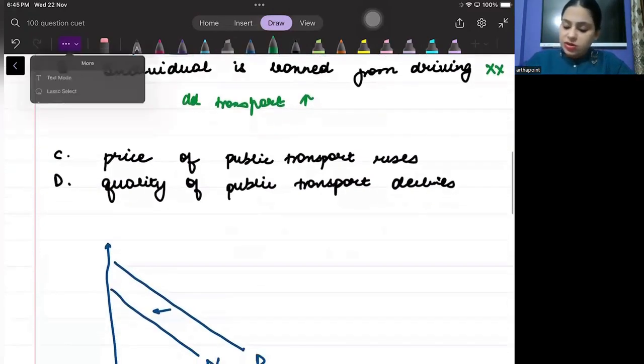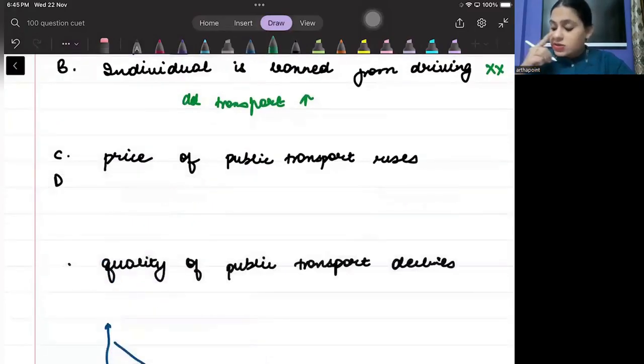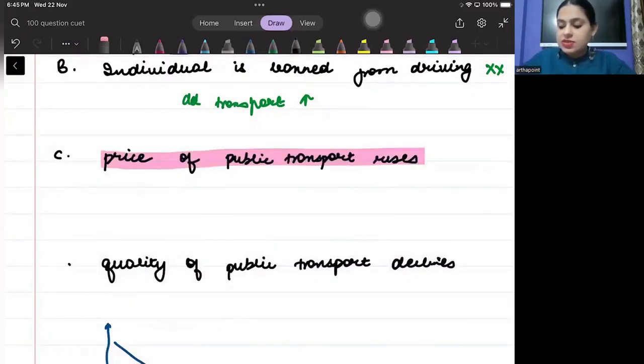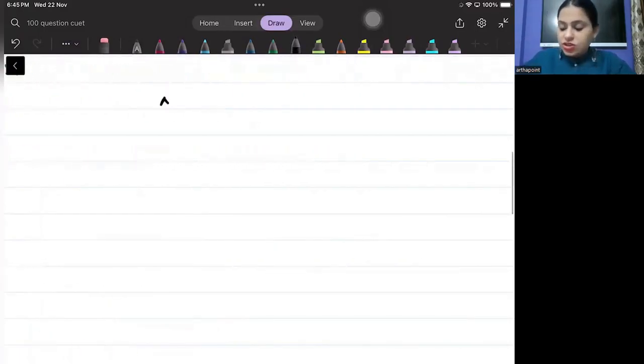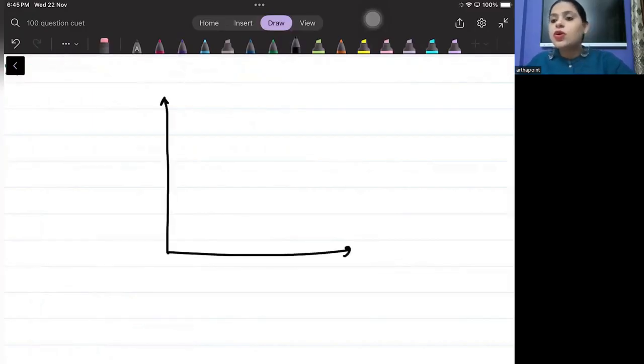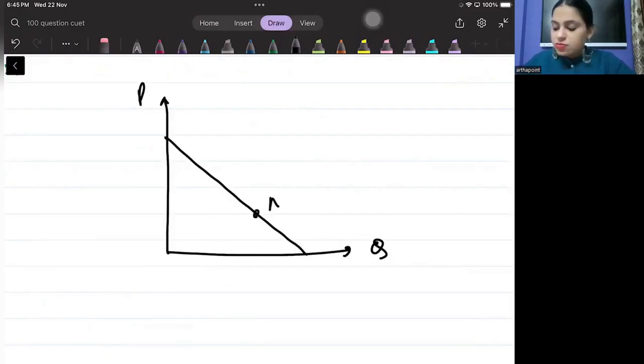Okay beta, look at the third one. Price of public transport rises. Beta, tell me something. If I was to show the relationship between price and quantity demanded, then it is always a movement along the curve. Price is increasing and quantity demanded is reducing.